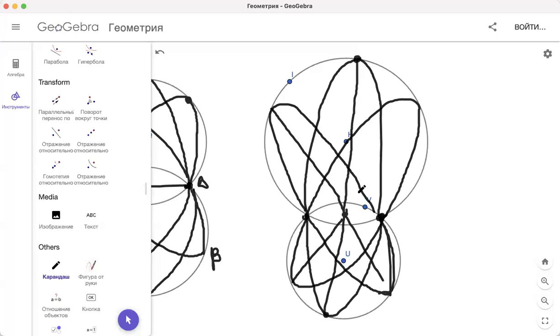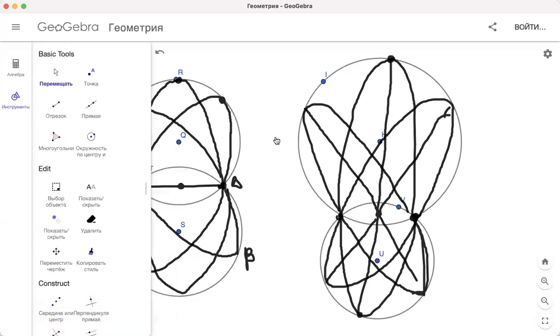So you can prove that they pass through a fixed point. Also, you can consider a locus of centers of these ellipses, and you can prove that they lie on the same circle here.